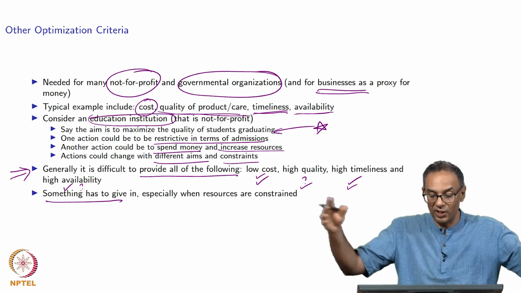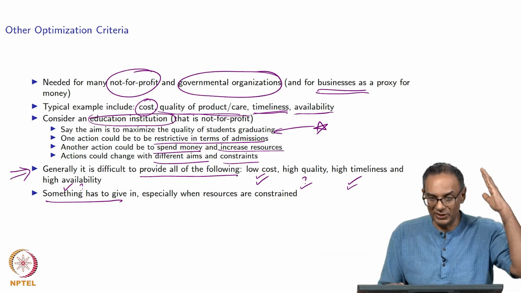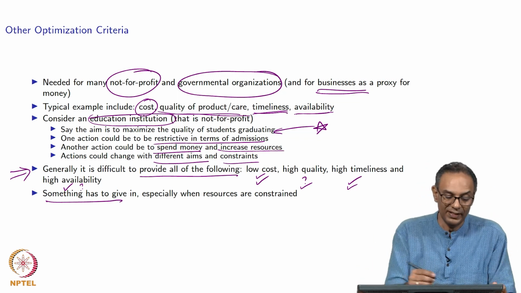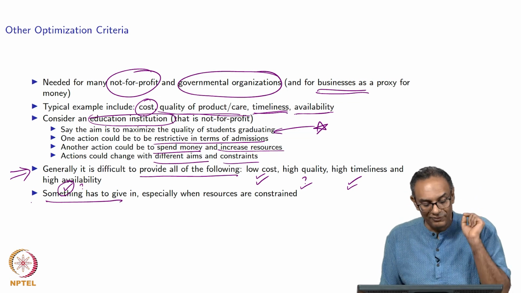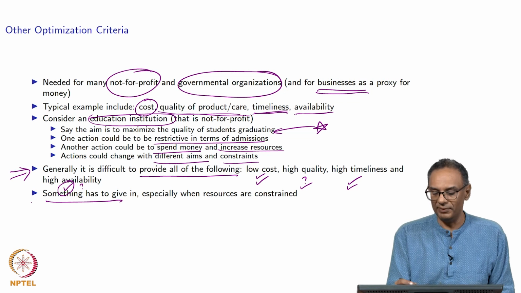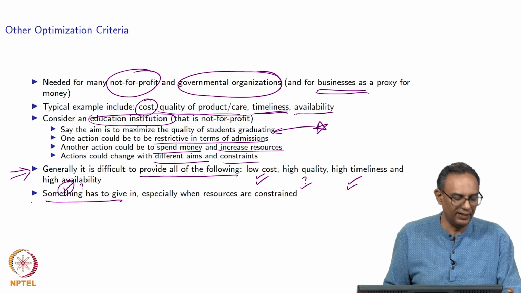That means your times are all going to be taken, and you also want to be timely. That means everybody who starts an appointment at a certain time will get their appointment. You got everything in there, then your availability is going to get hit because you're not going to be able to schedule everybody inside. So like that, you can think of multiple examples where 3 out of the 4 can be satisfied, but the 4th is going to be incredibly hard.